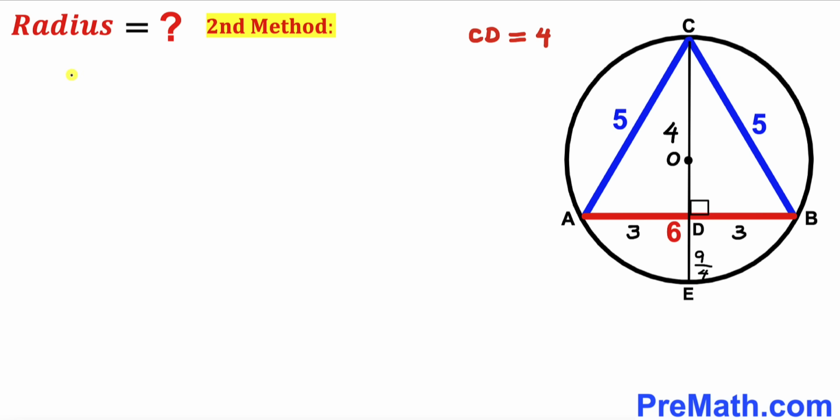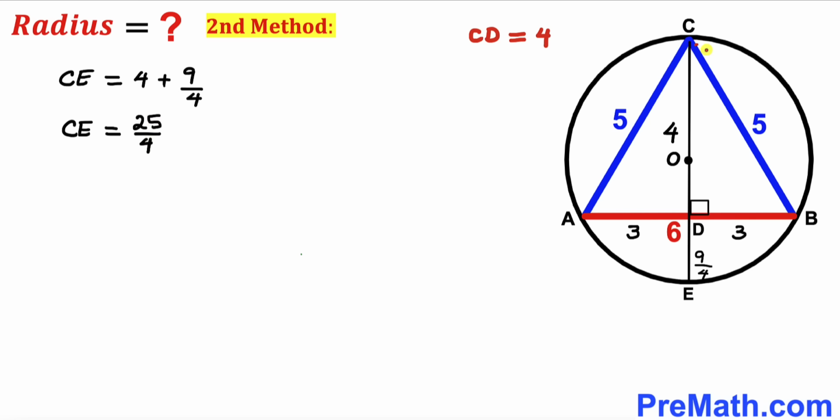If we add these two numbers, we could write them as a mixed number, 4 and 9 divided by 4. So our CE diameter length simply turns out to be 25 divided by 4.